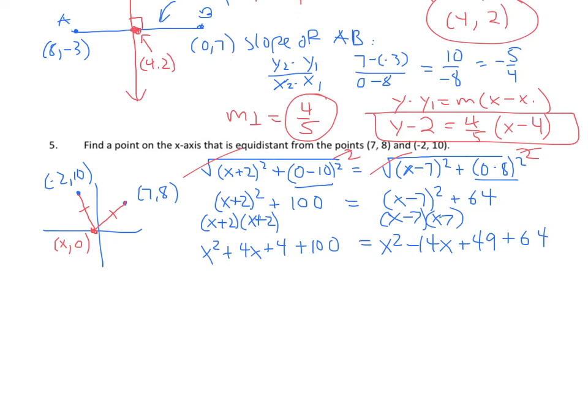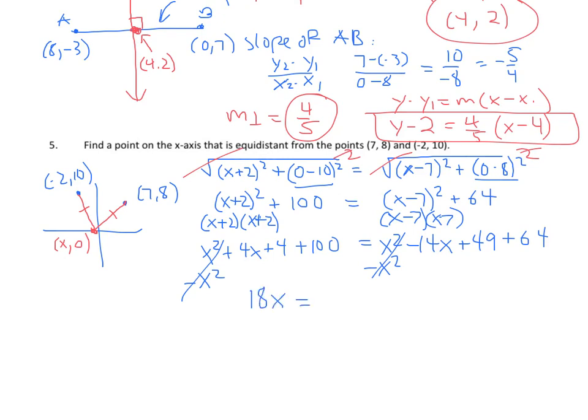If I subtract x squared from both sides, my x squared terms are actually going to cancel out, and I get all my x's to one side. I'm going to get my x's on the left side by adding 14x to both sides, and that gives me 18x.